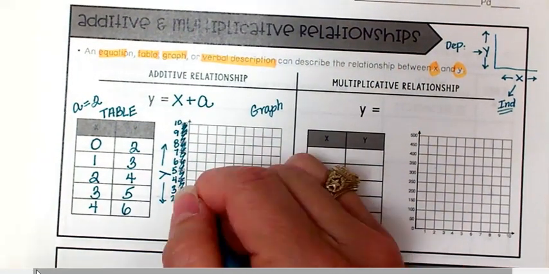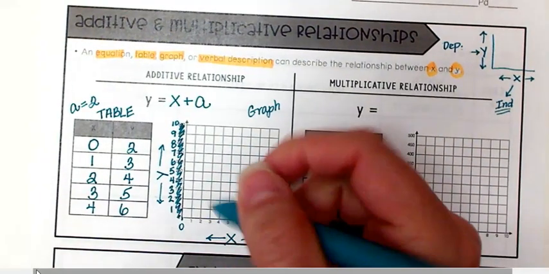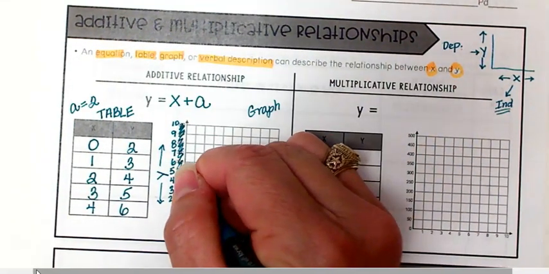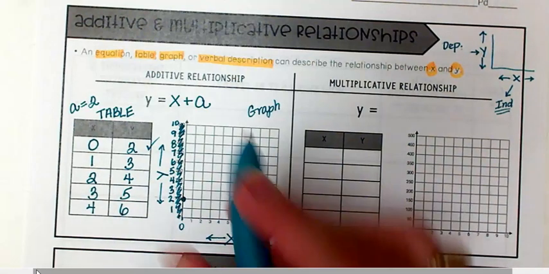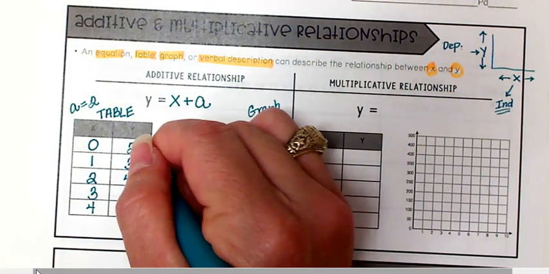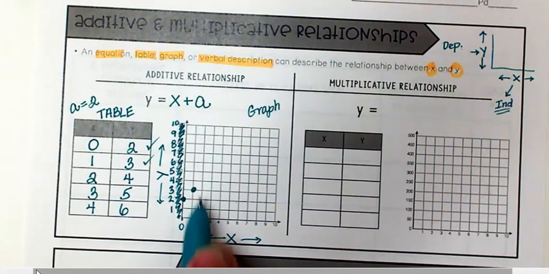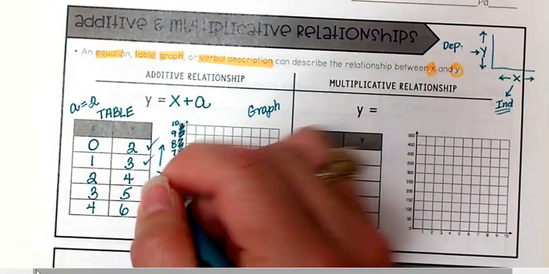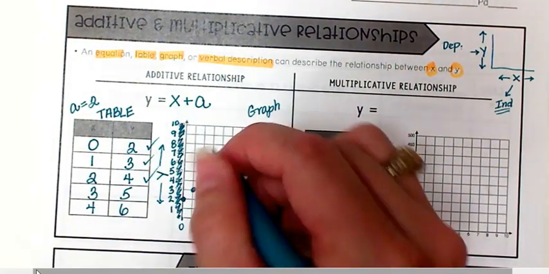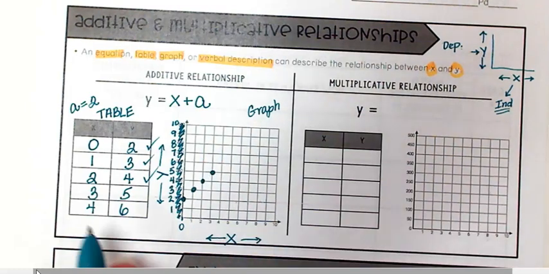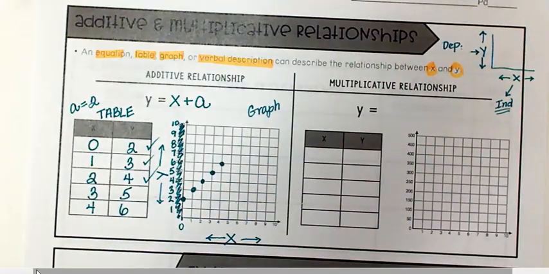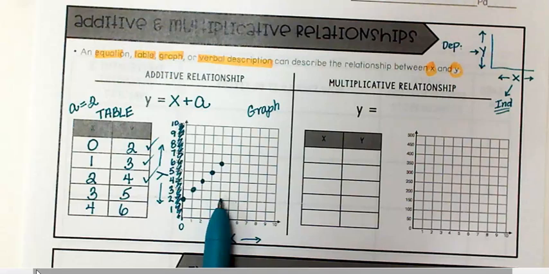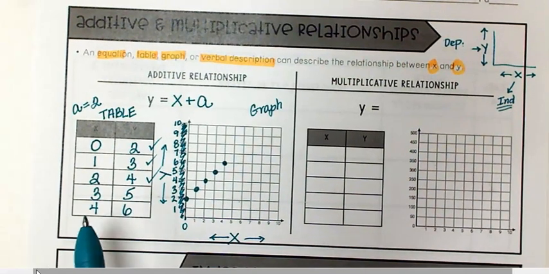So this is 0, 2. All right, I've plotted that one. 1, 3. Plotted that one. 2, 4. 3, 5. 4, 6. So this graph shows you the same relationship as this table.